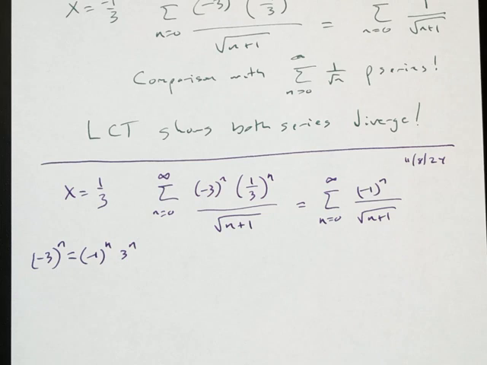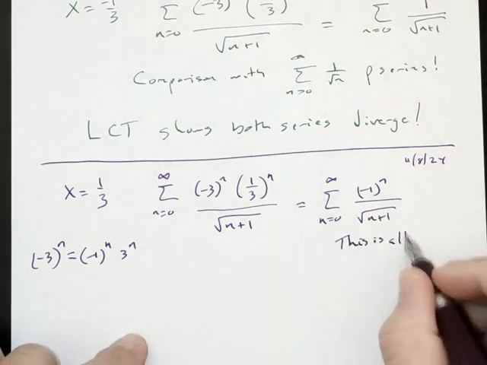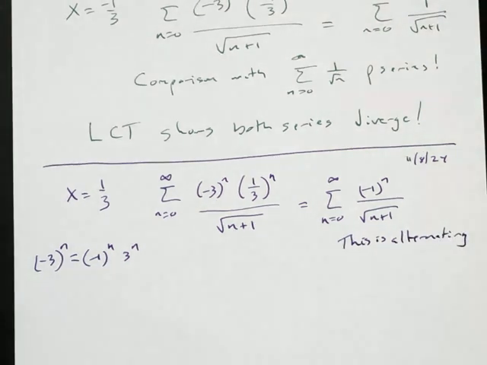If I do that, Tom? It's an alternating series with the minus signs in there. So, the alternating series test requires two things.